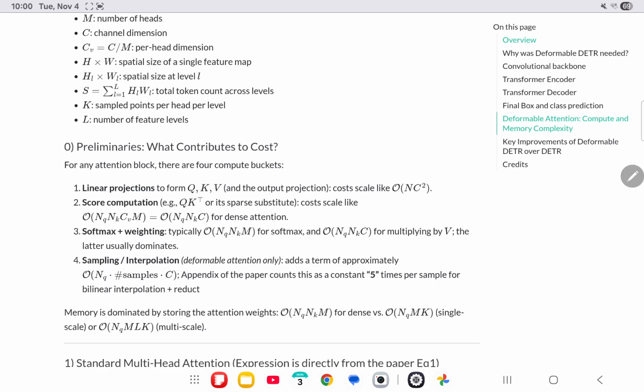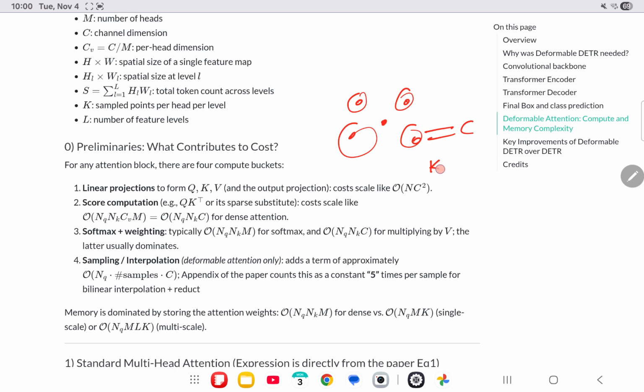And sampling plus interpolation is very specific to deformable attention. Once we sample, for each query we look into K points, and each of these points has C channels.